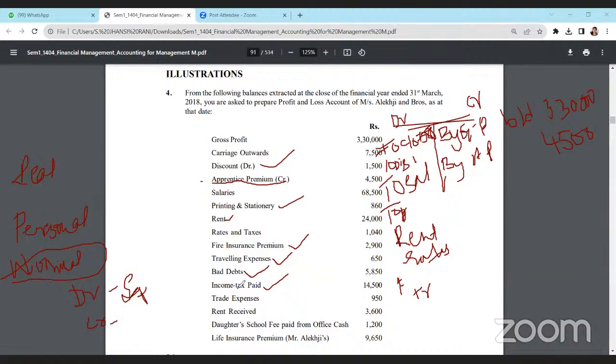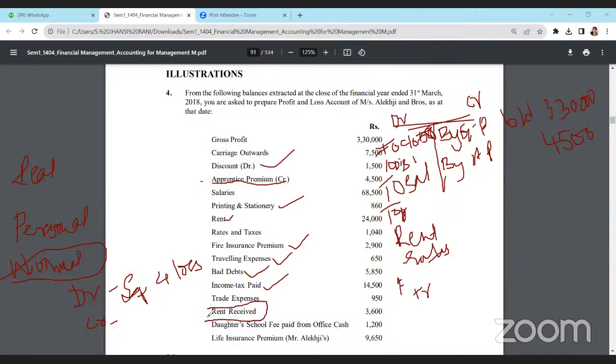So bad debts is a loss to me. So I will debit the bad debts to profit and loss account. Next, income tax, that is an expenditure to me. All expenses and losses, as per nominal account rule, should be debited. So I'll debit to the profit and loss account, even income tax also. And trade expenses, this is also an expenditure. Next, here, rent.